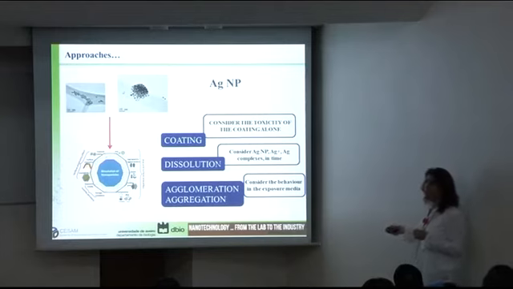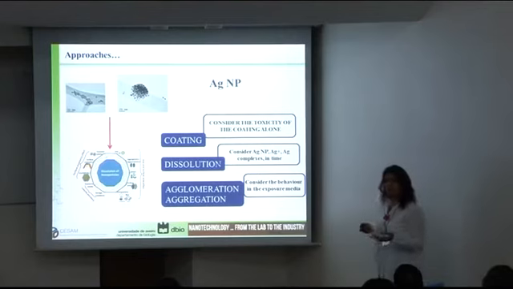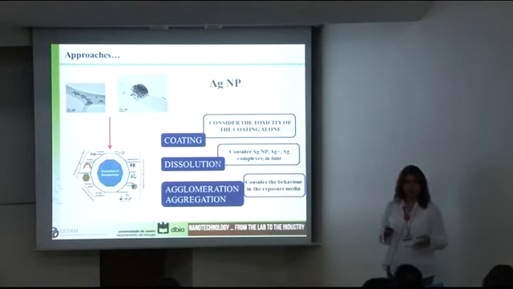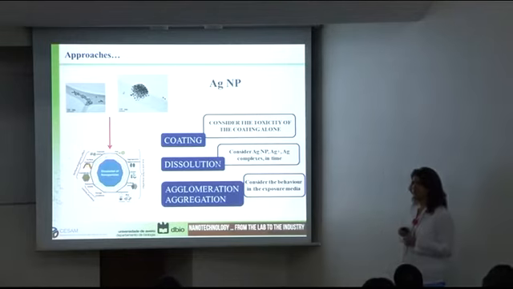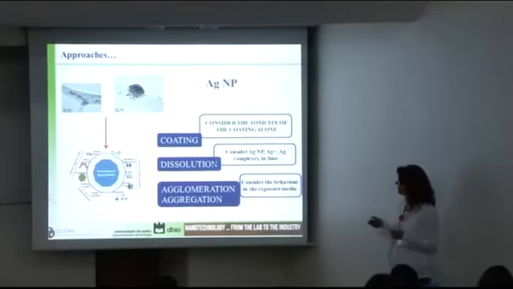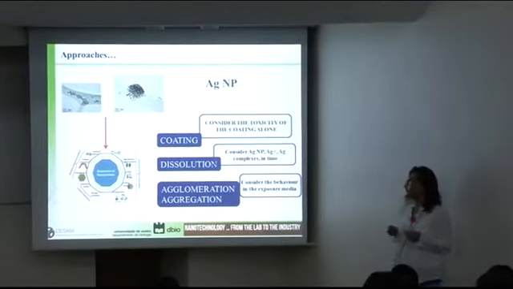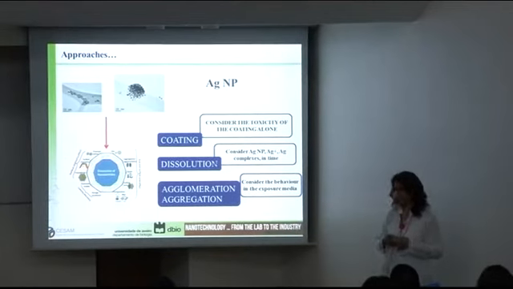Then the dissolution: to quantify our exposure, we usually have to fractionate all the potential forms that we have in our exposure and quantify them to see how the behavior evolves in time, and also the liberation or the agglomeration state.